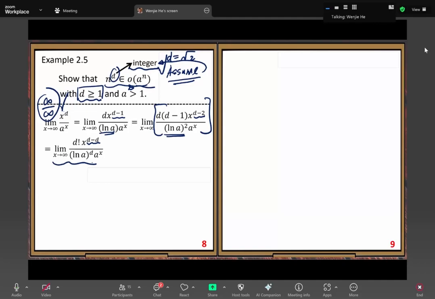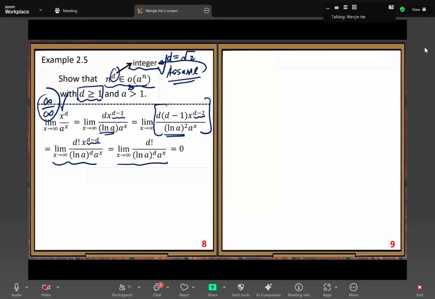After simplification, you look at this limit. The denominator goes to infinity, the numerator is a constant number, so the limit of the whole fraction is 0. That is the answer.